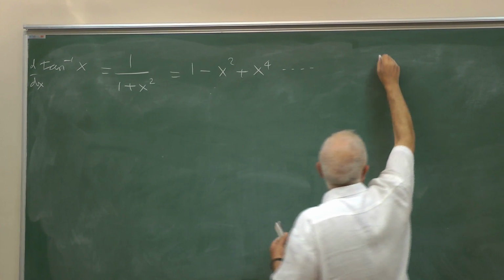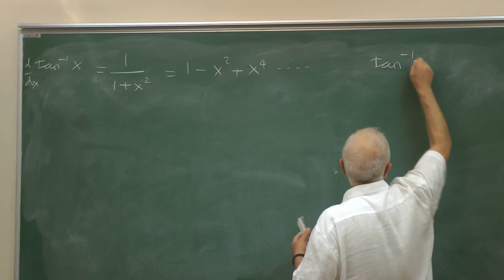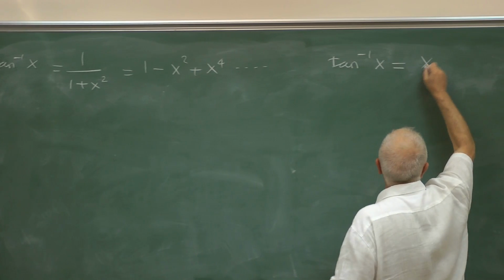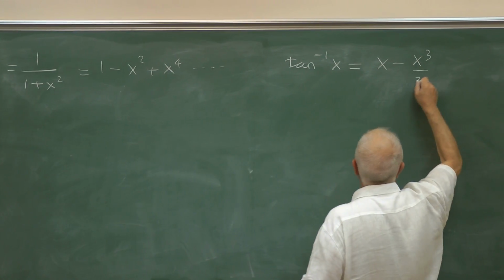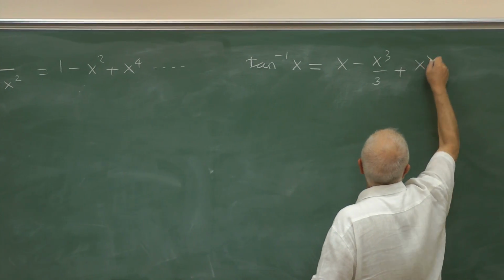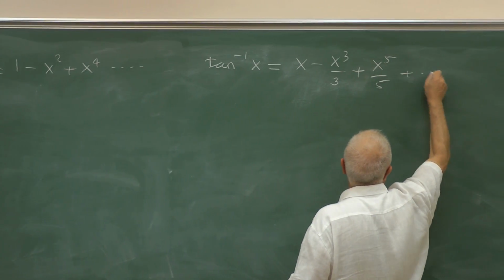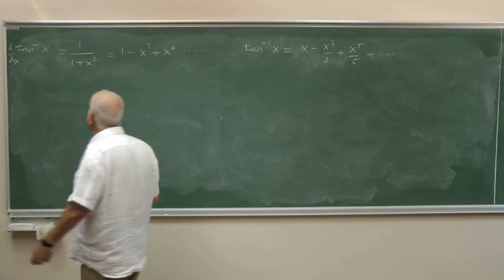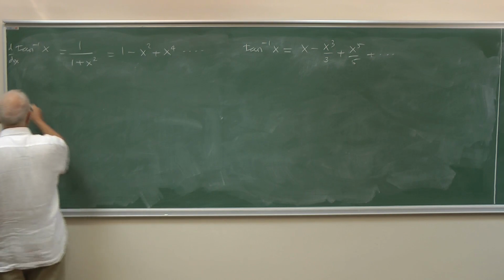So inverse tangent is x minus x cubed over 3 plus x to the 5 over 5. Very simple. How about inverse hyperbolic?